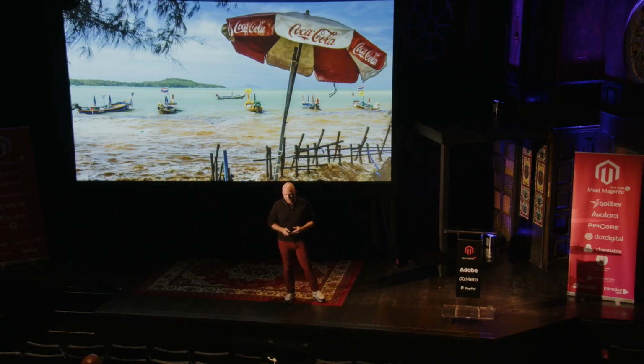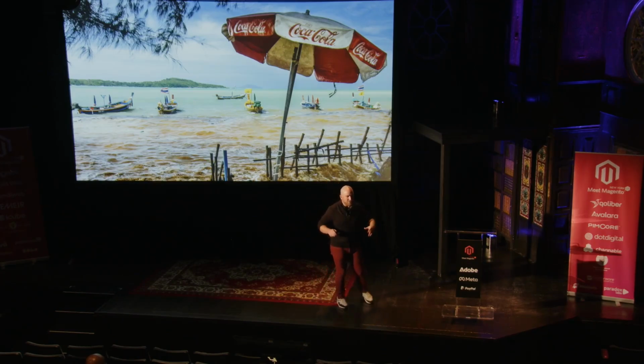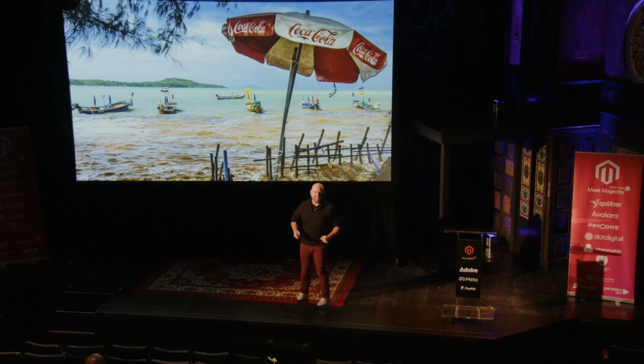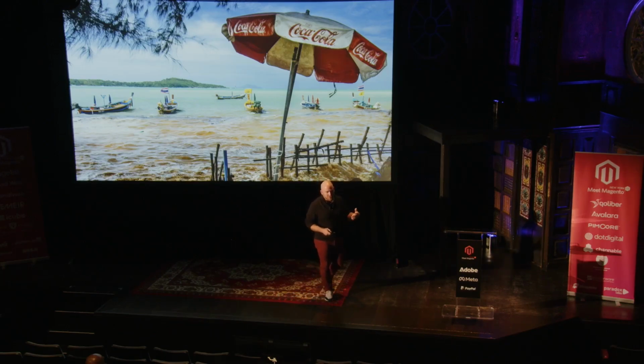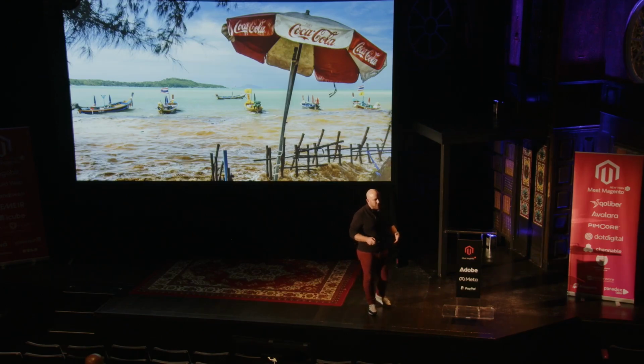And I would hazard to guess that the customers that you're working with, or if you're a merchant yourself, you don't necessarily have the brand reach of a Coca-Cola. You don't necessarily have the budget of a Coca-Cola. But what I really respect about the way that Coca-Cola handles this is that no matter where you're seeing that brand, it's consistent.